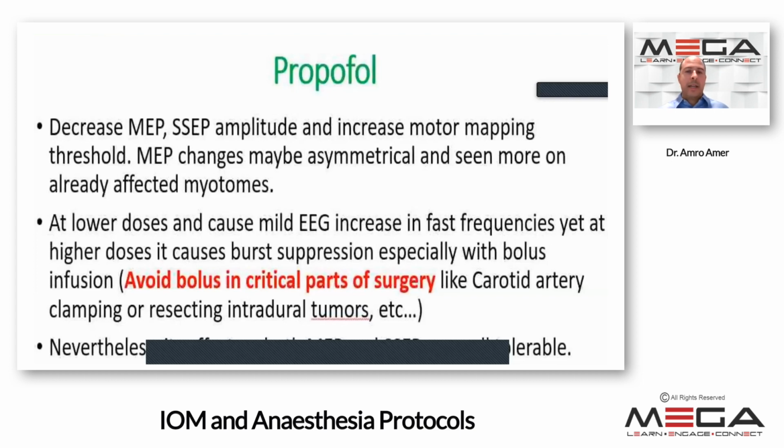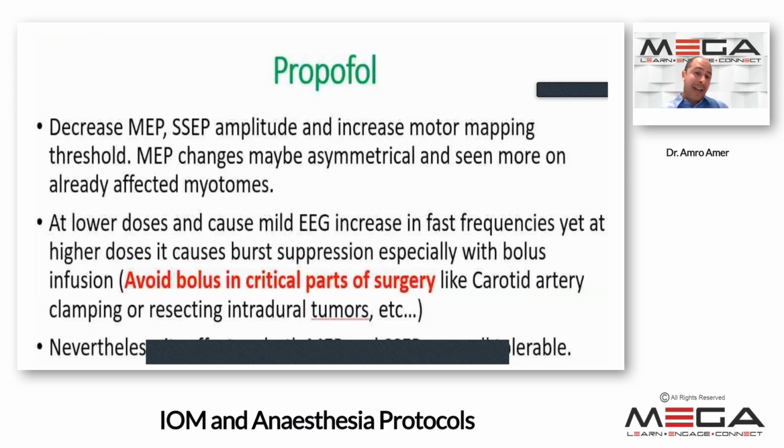Of course, it's different from pediatrics to adults, and from one patient to another. For adults, we tend to go from 50 mic per kg per minute up to 200. For pediatrics, you can go up to 300 mic per kg. Hopefully, try to avoid bolus.